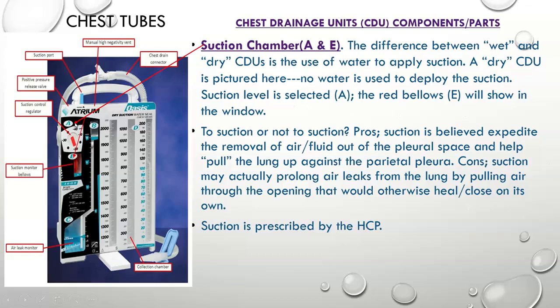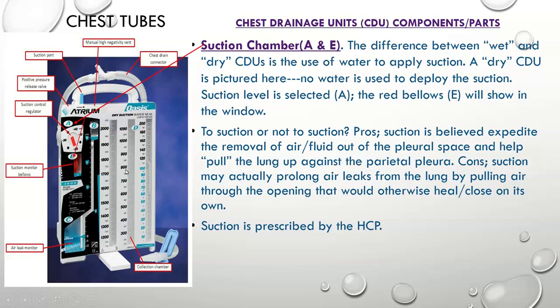And again, you can see I'm looking at this whole piece right here, A and E. There are two different kinds of chest tubes: a wet chest tube and a dry chest tube. The difference is that in the wet, water is used to apply suction, whereas in this chest tube, which is a dry, water is not used for suction.